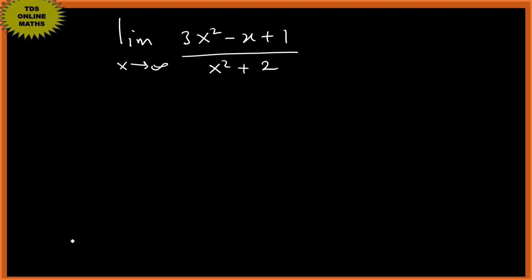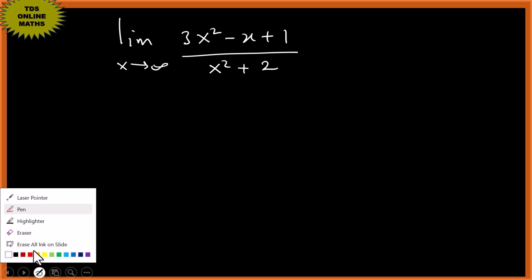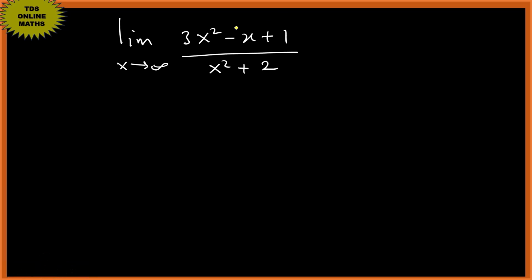Okay, so considering the function here, the one with the highest power is x squared. So to evaluate this, we need to divide through all the terms by the highest power here.